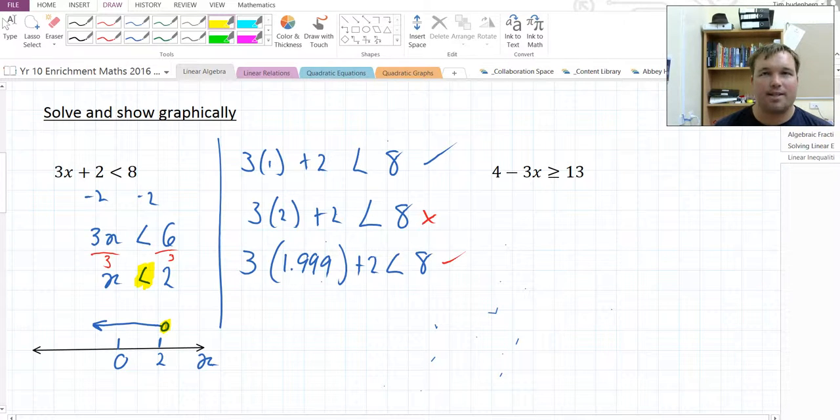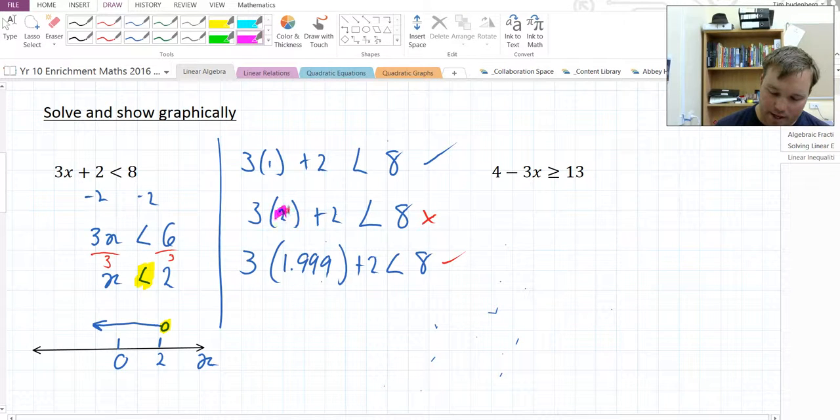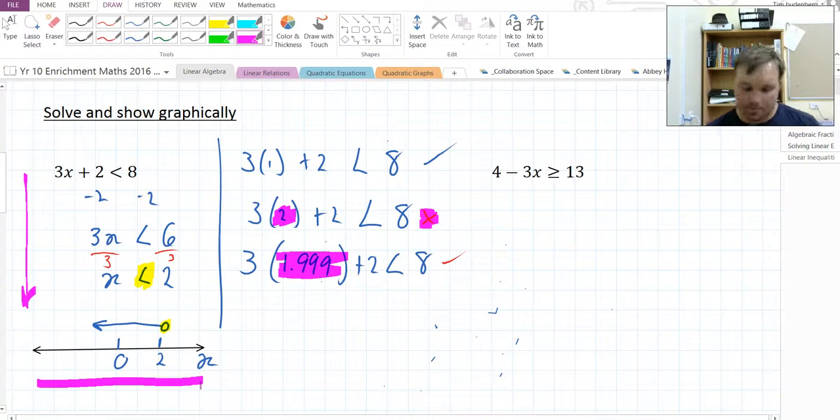Open represents that it does not include 2, it is anything less than 2. So by leaving that dot open, I'm saying that 2 here is not a solution, but anything less than 2 is. Alright? So when it says solve a linear inequality and show graphically, it means solve it like you would a linear equation, and then show it on a number line.